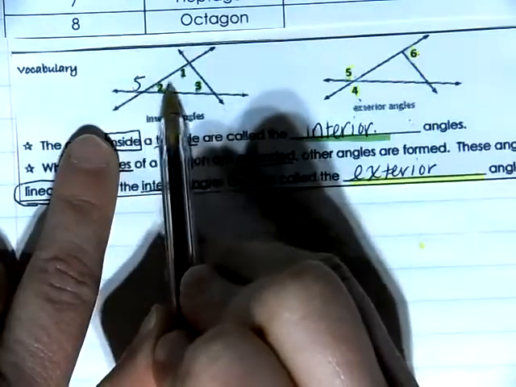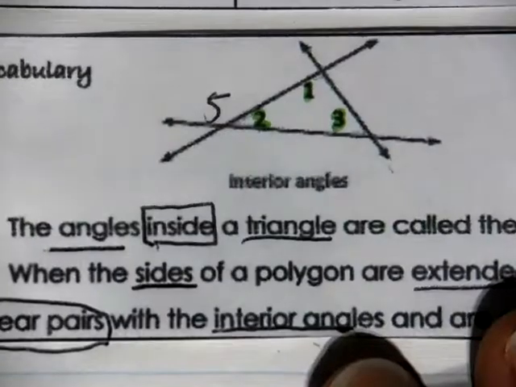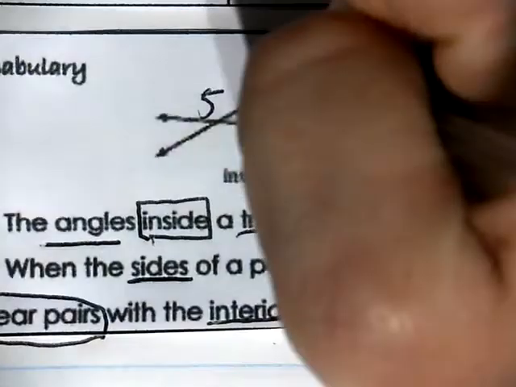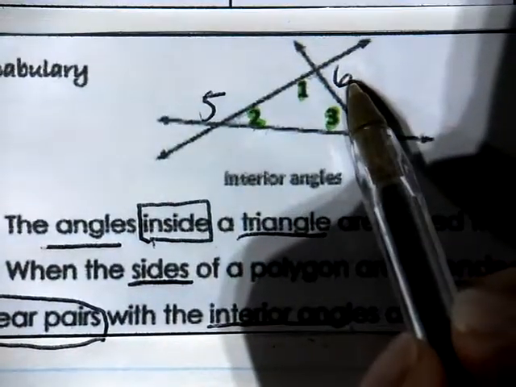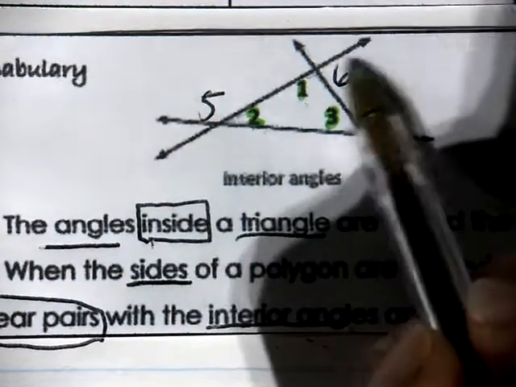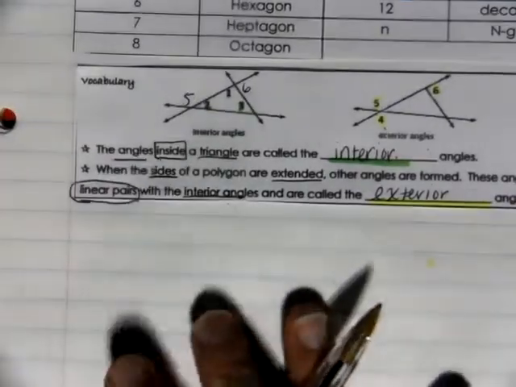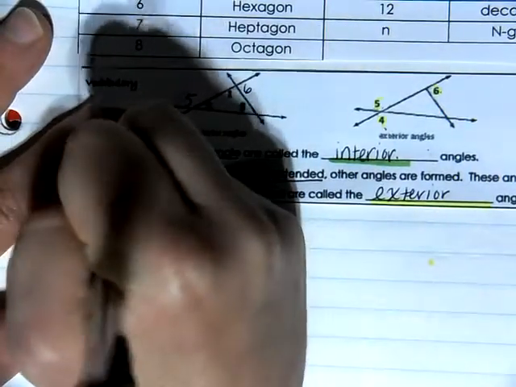Angle 2 and angle 5 form a linear pair. Together, they form a line. Same thing if we were to talk about angle 6. Angle 1 and angle 6, this interior angle and this exterior angle together form a line. They are a linear pair. So the thing that I want you guys to know about interior and exterior angles is that they form a linear pair.